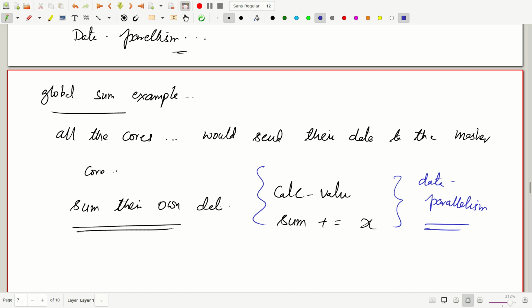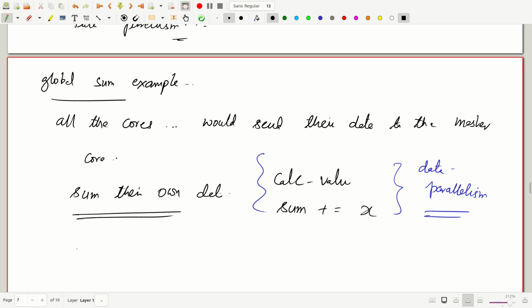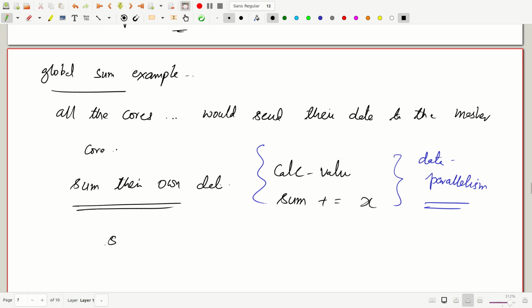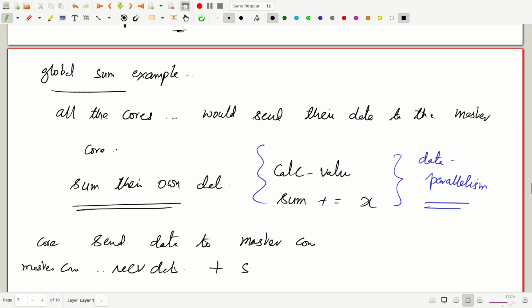Whereas after they are done calculating, what they have to do is, if it is any other core, they have to send data to the master core, right? Whereas if it is the master core, it has to receive the data and then sum the received partial sums to calculate the global sum.